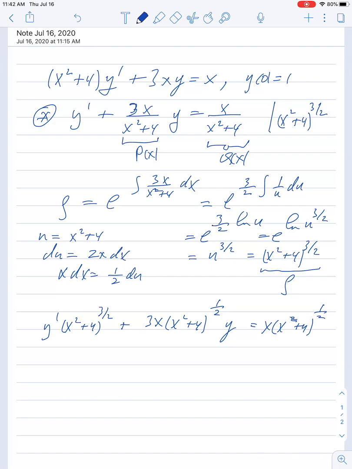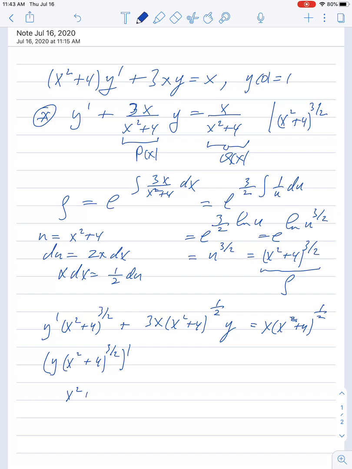Well, on the left side of the equation we have one exact derivative. This is the derivative of y times x squared plus 4 power 3/2, all this prime equals this expression. Let's check using the product rule. If we apply the product rule to this product, we have y prime with the second factor, then y, the derivative of x squared plus 4 power 3/2. Let's see what is this derivative.